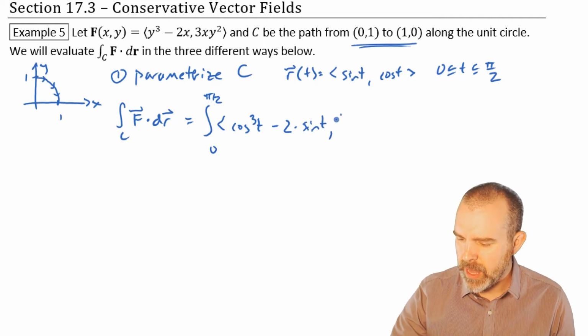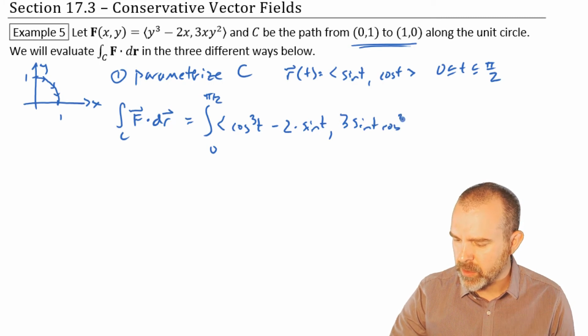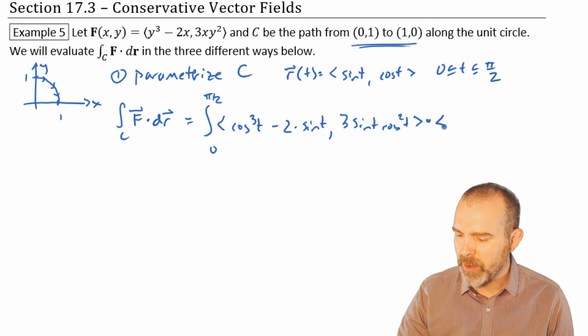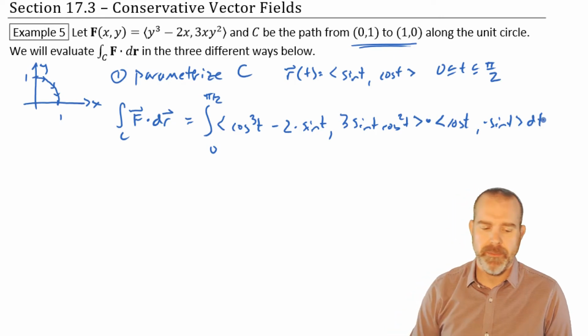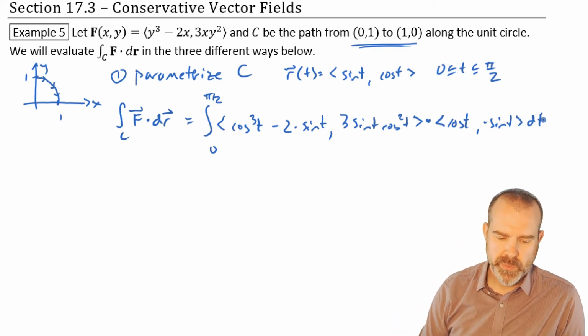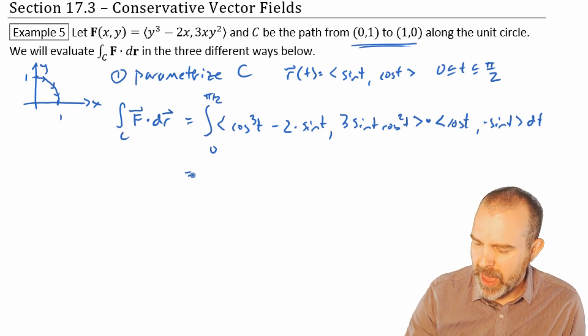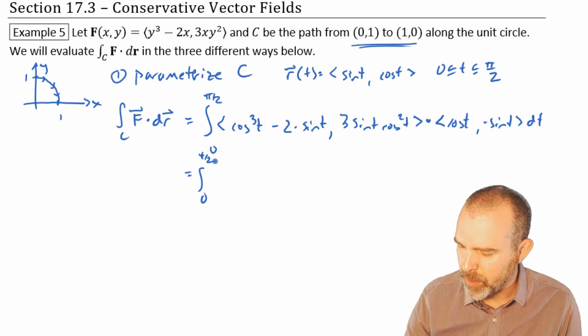All right, and then 3x y squared, cosine squared t. Okay, and then dot product with r prime, which is cosine t, negative sine t, and that's going to be dt. We can simplify that. We are not actually going to compute this by hand. This would be pretty gross.